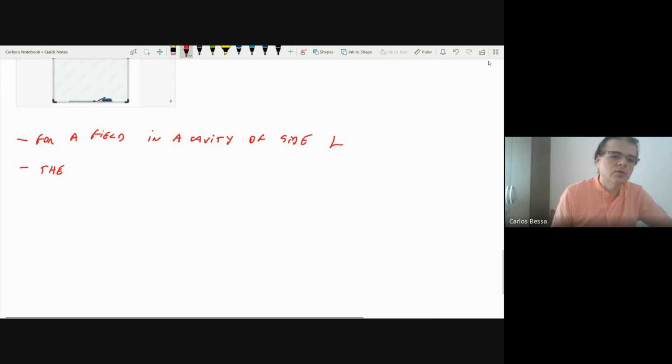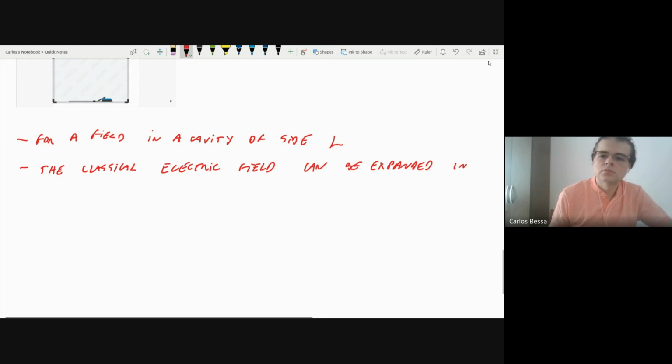the classical electric field can be expanded in terms of plane waves.